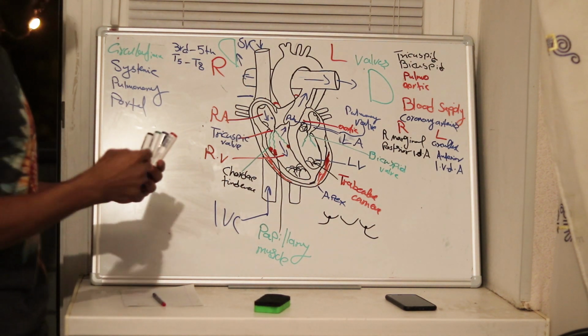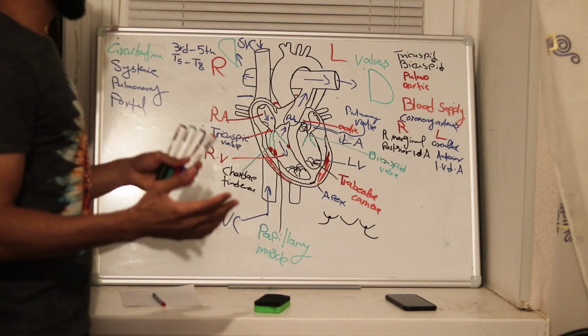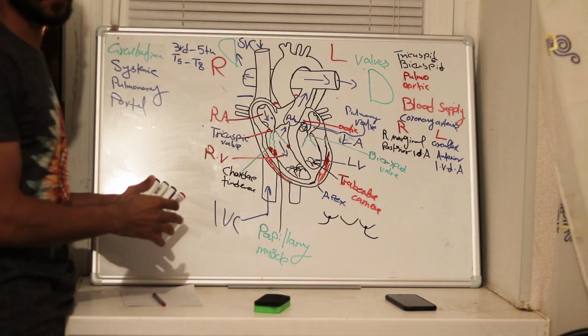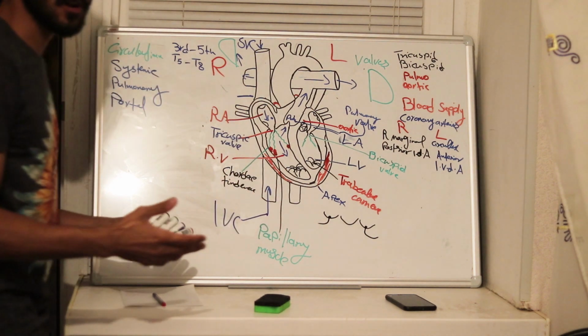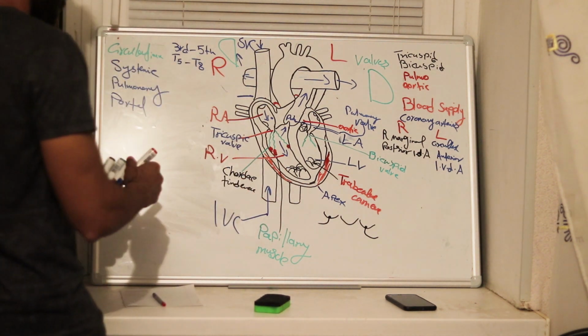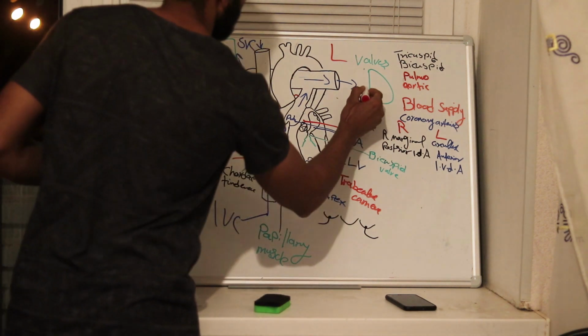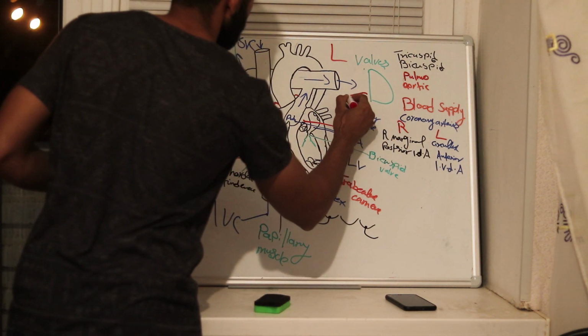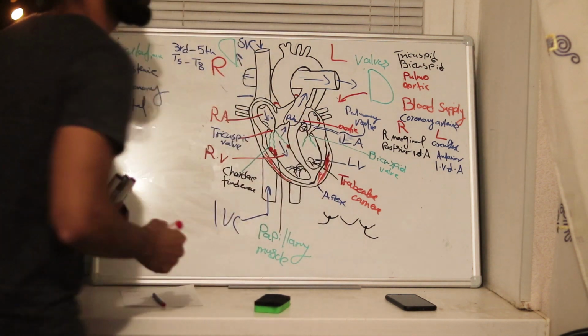Let's move to the second part: from the lung to the heart and to the body. Why is this needed? Because we need the blood to be oxygenated. So from the lungs it goes to the pulmonary veins.